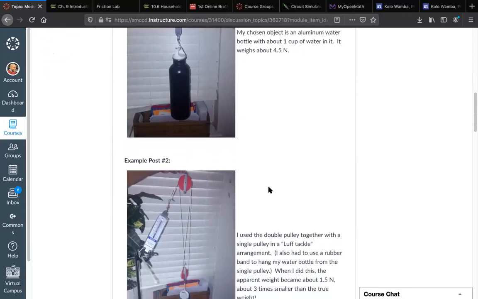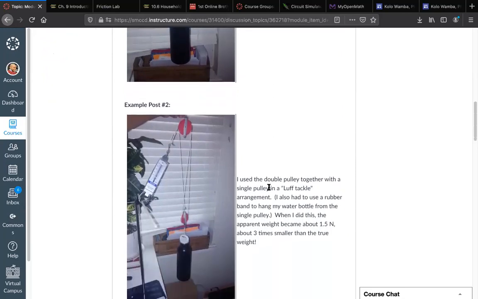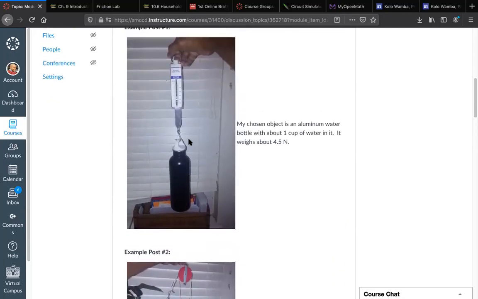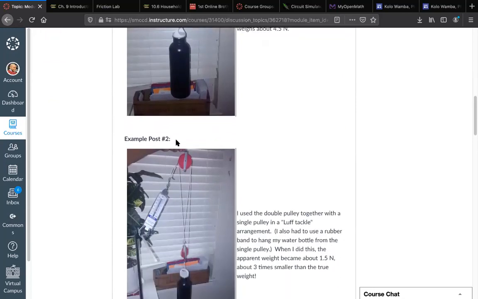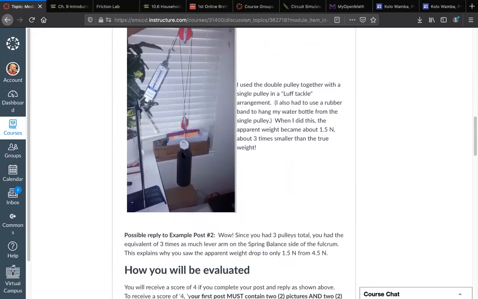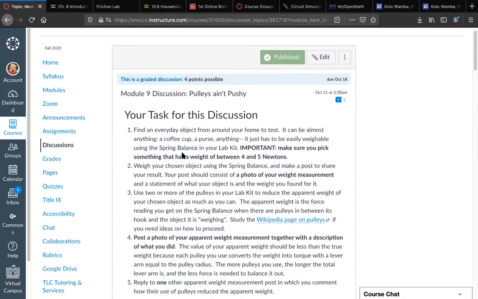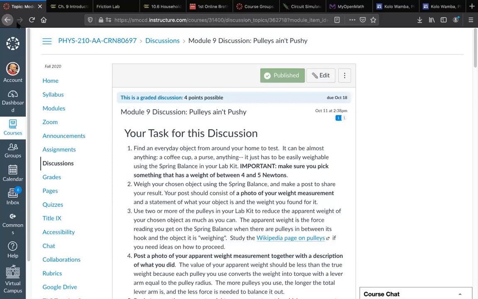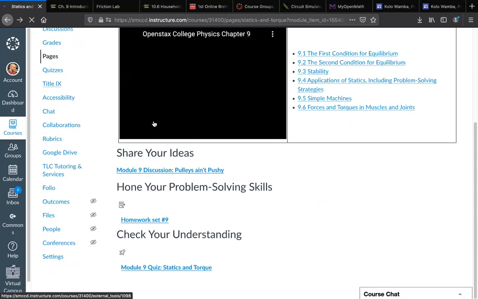And then you want to lift it using a simple machine, and you want to show that you can lift it with less force than you would use to lift it directly, because the simple machine provides a mechanical advantage. Okay, so you're going to try this out and post some pictures. All right, so that's how that works.